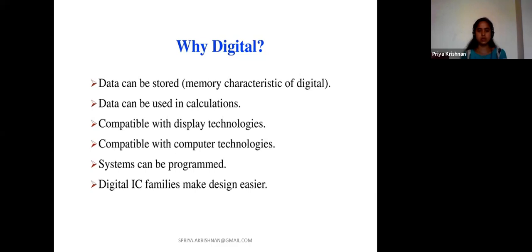All the signals available in nature are analog signals. For example, the change in temperature, the change in light intensity, the change in sound, humidity, pressure, all those are analog signals. There is nothing like digital signals.